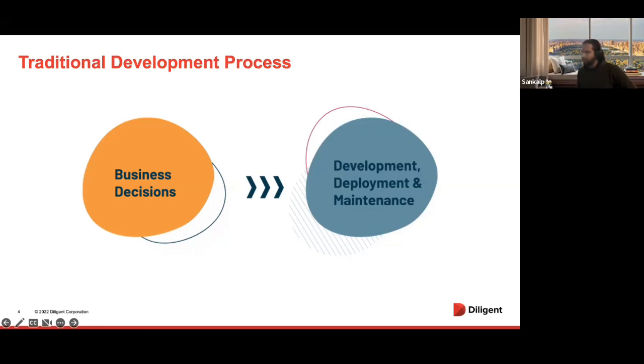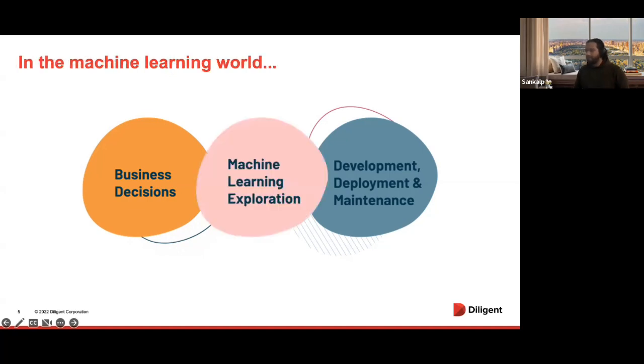However, when you're thinking about ML, things aren't as clear and well-defined at the level of every specific detail. In other words, ML exploration is a bit more fuzzy. That's why, when we think of machine learning, in between these two phases that we just looked at, there is a machine learning exploration phase. Typically, the machine learning journey starts with identifying business use cases.